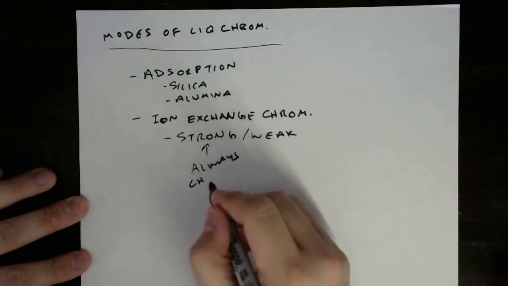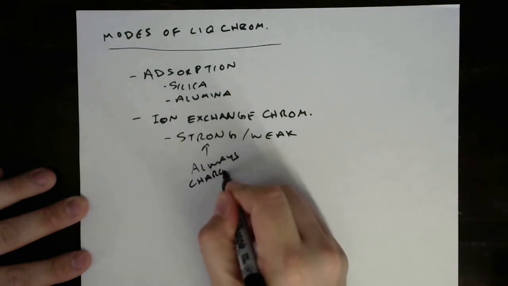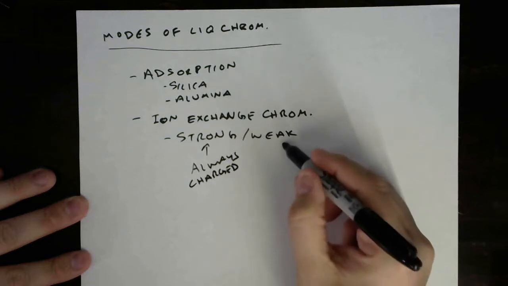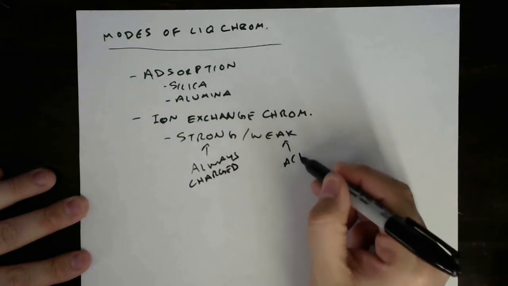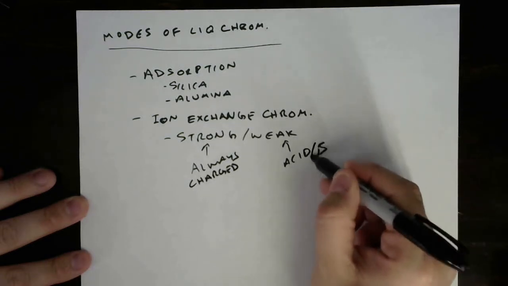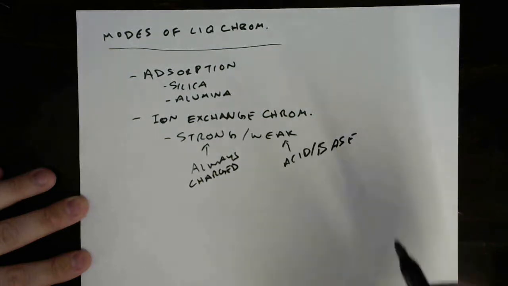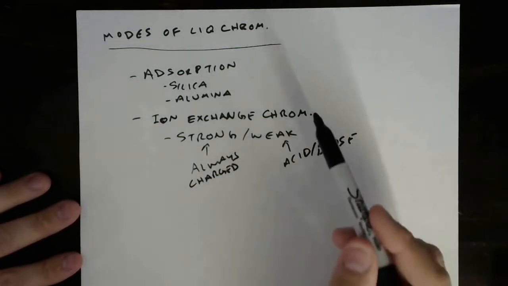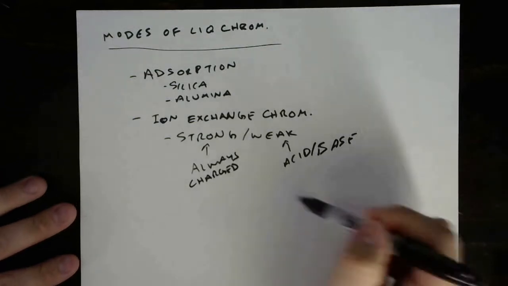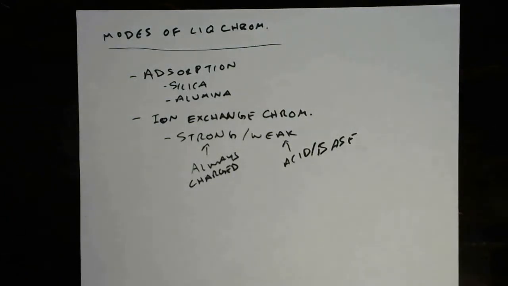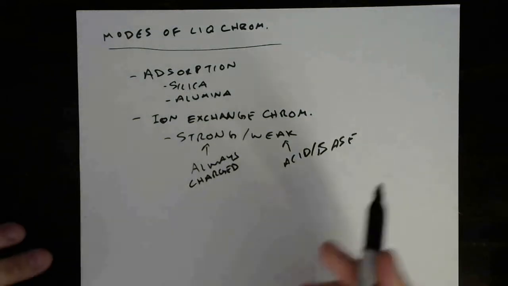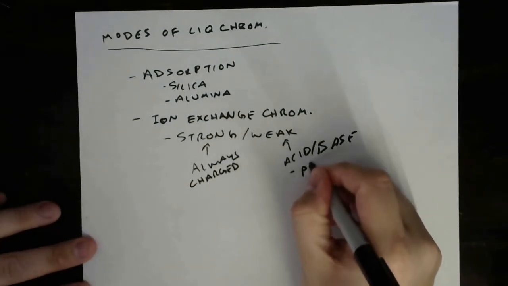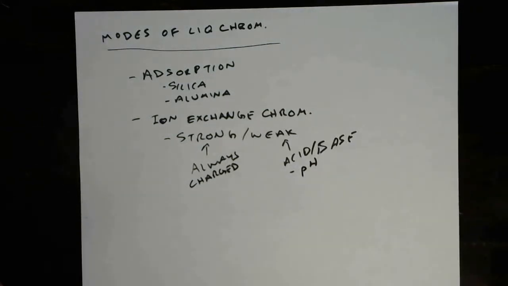The stationary phase is always charged, whereas weak ion exchangers have this acid-base chemistry property, so we can turn that charge on and off on the stationary phase. That allows us to tweak not just the strength of the mobile phase, but also the binding capacity of the stationary phase, using pH as a mechanism for doing that.